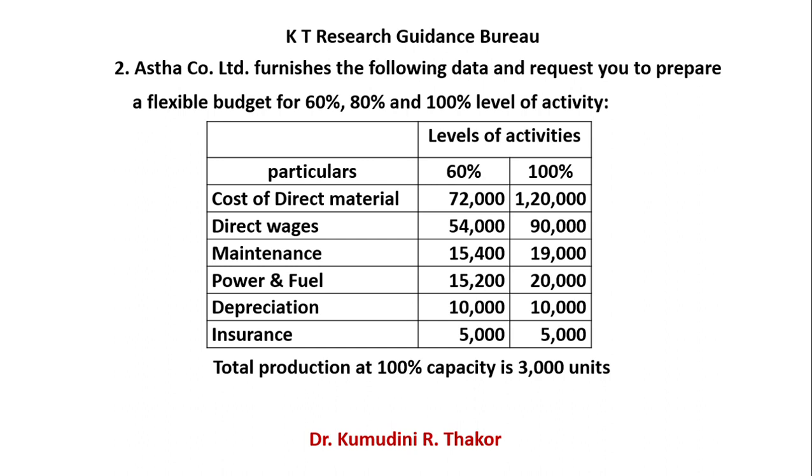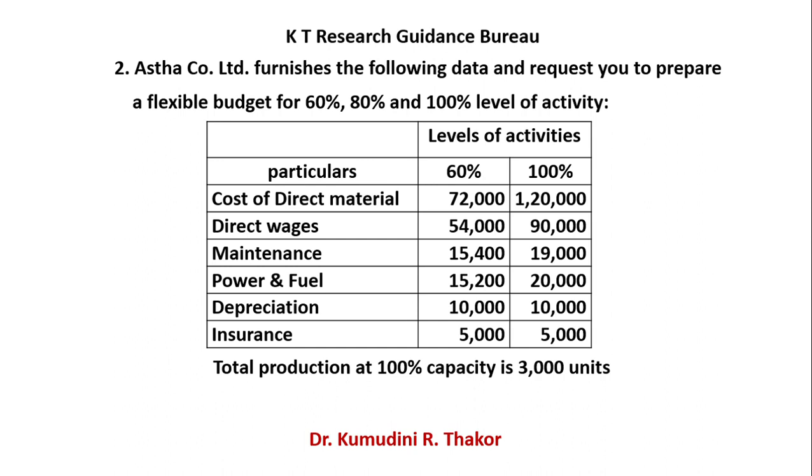In the previous example, semi-variable expenditures were easy to find out because the percentage that was fixed was given. In this example, it is not given. So we have to find out variable, semi-variable and fixed.